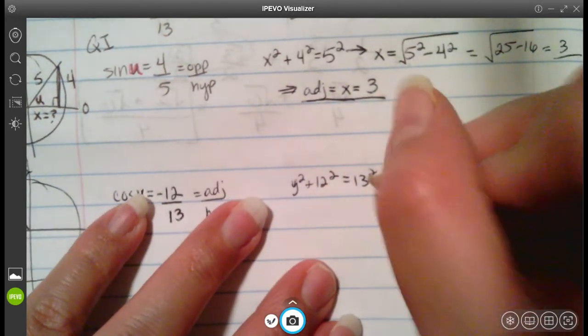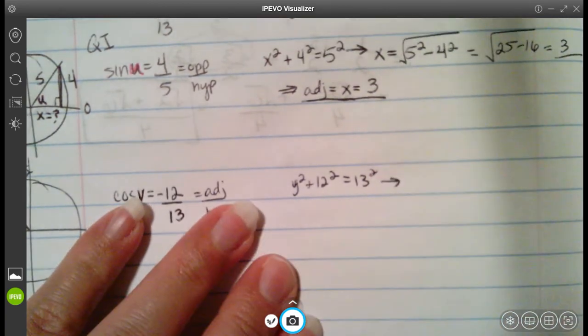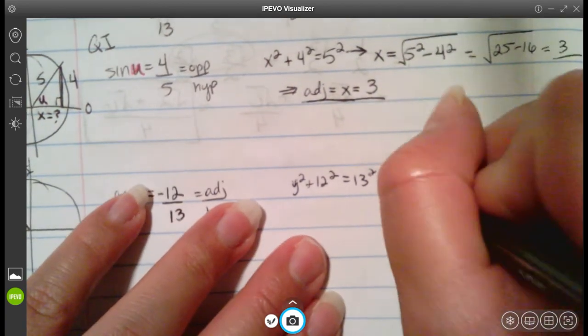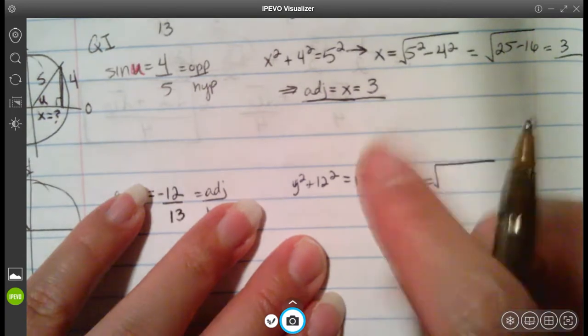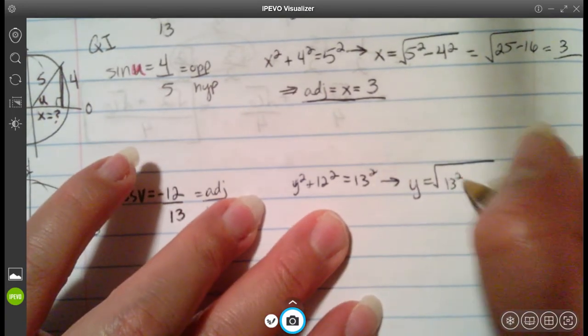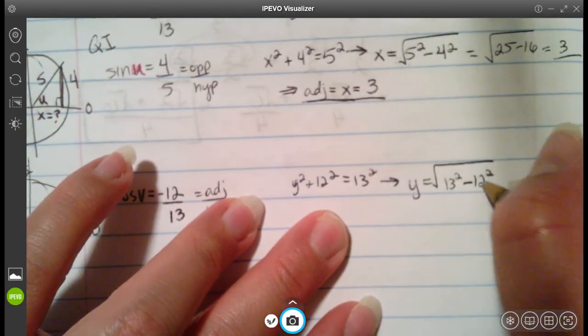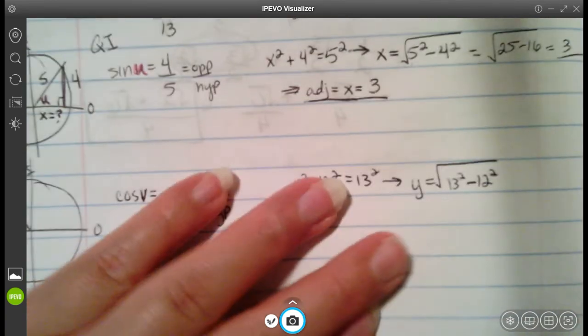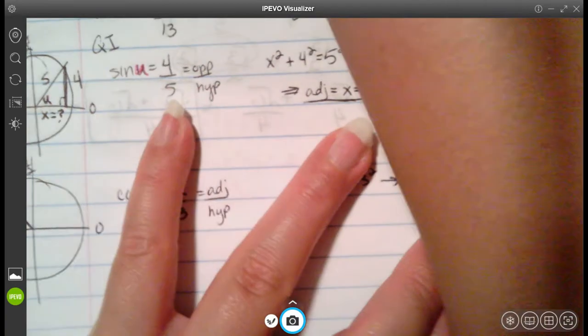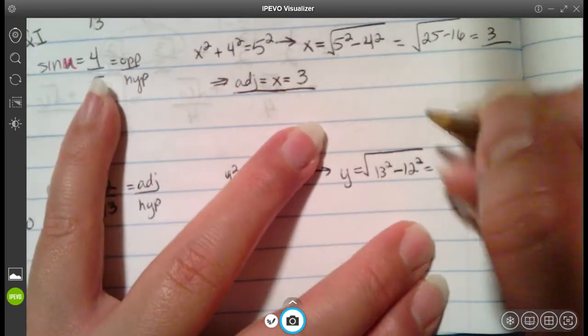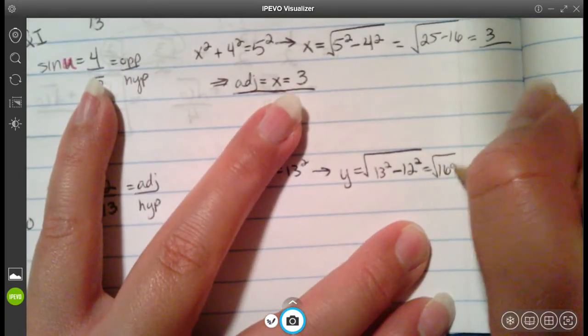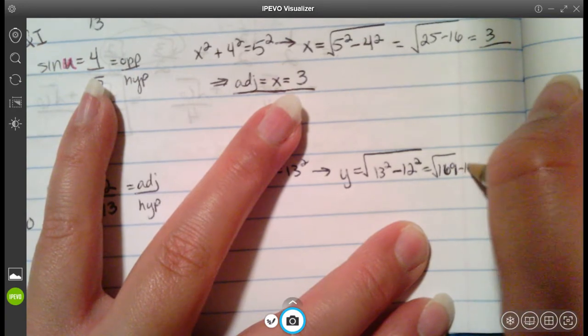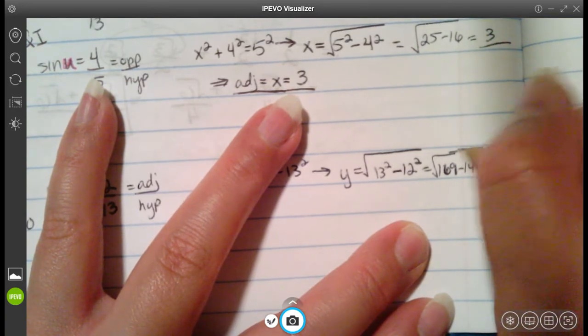Okay, and it's basically the same as the one before, kind of like this one up here. We're going to have y equals the square root of 13 squared minus 12 squared. Which I believe is going to come out to 5, but let's just double check. So 169 minus 144.